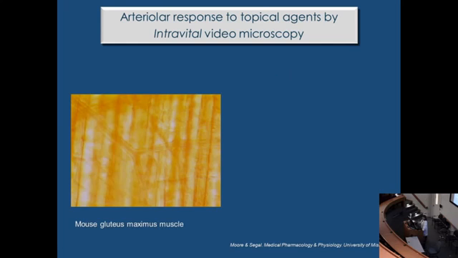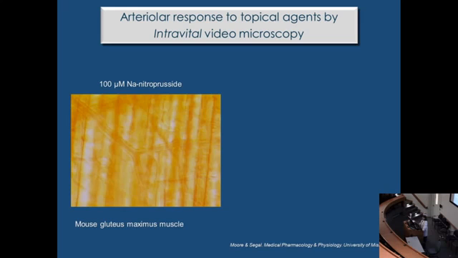So actually the mouse is alive, is of course sedated, and thanks to this technique, intravital video microscopy, we can monitor the arteriolar response to the topical application of some agents. In this case, this muscle was topically applied with sodium nitroprusside. So this is a NO donor.